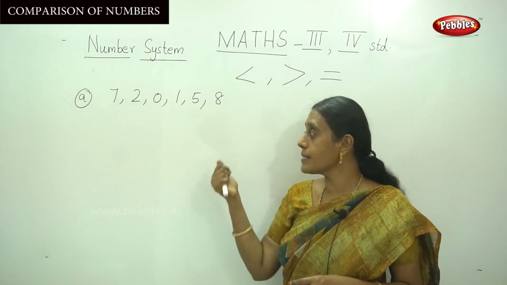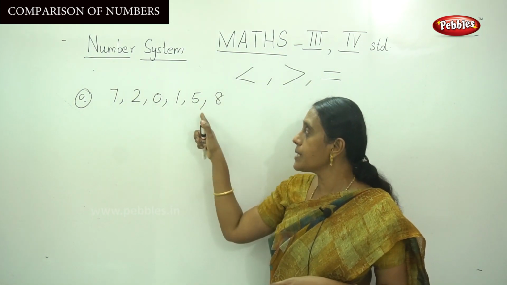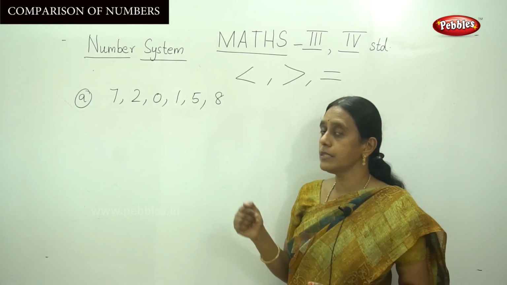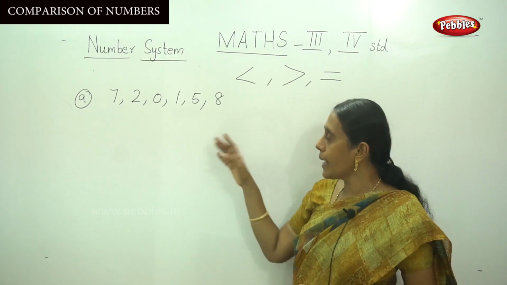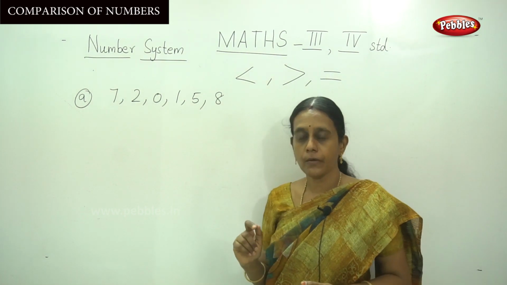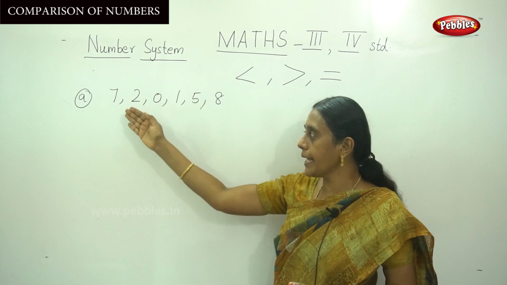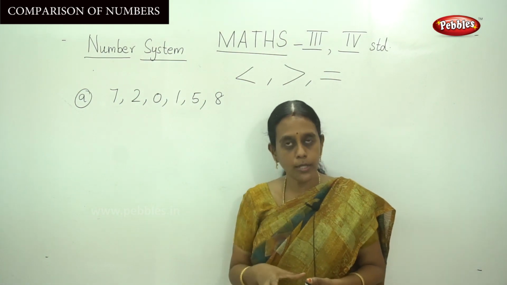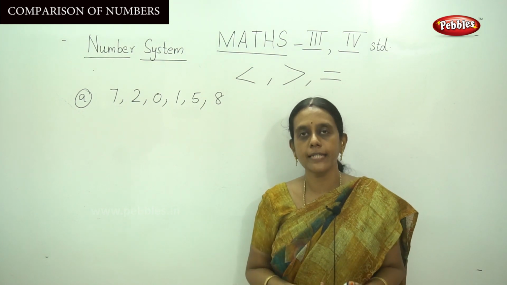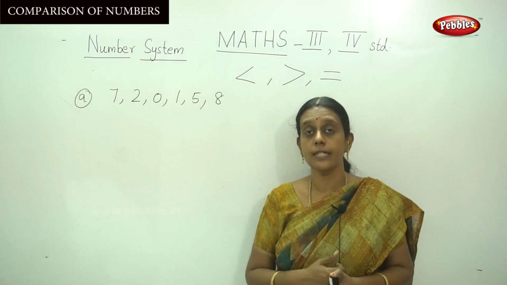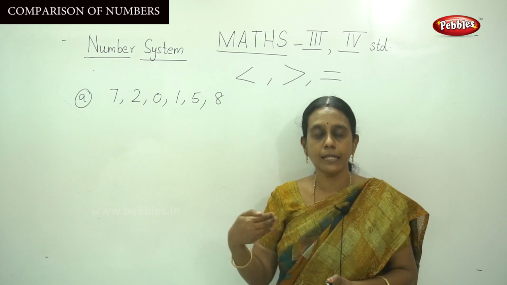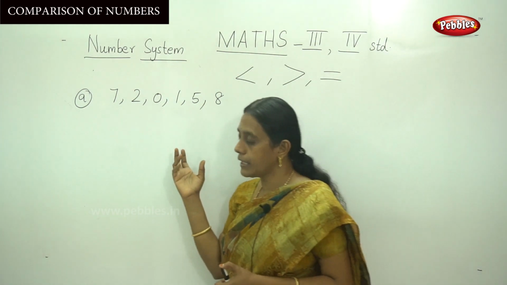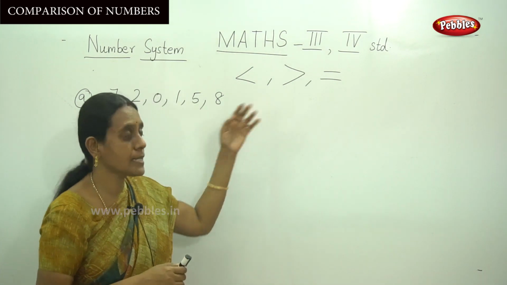Because each number is separated by a comma: 7, 2, 0, 1, 5, 8. By using these separate numbers, you have to write one smallest number and one greatest number. So first we have to compare the numbers. How to compare? For this we have to take out the numbers using these signs.